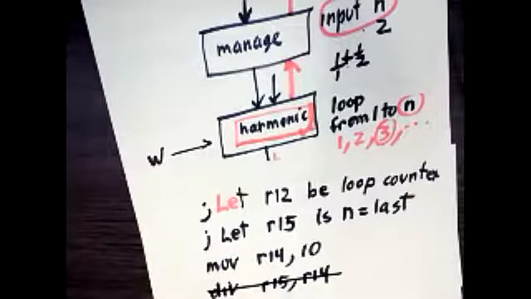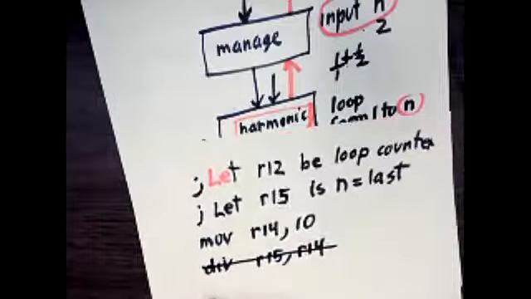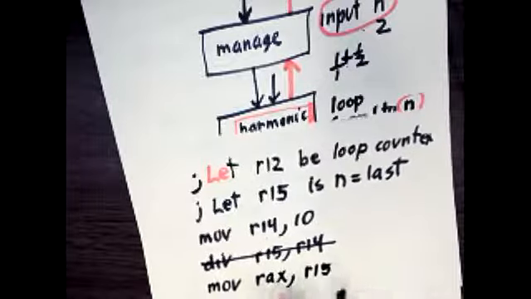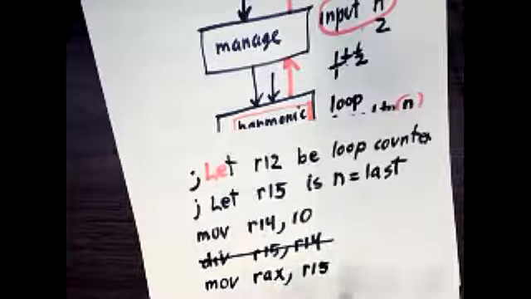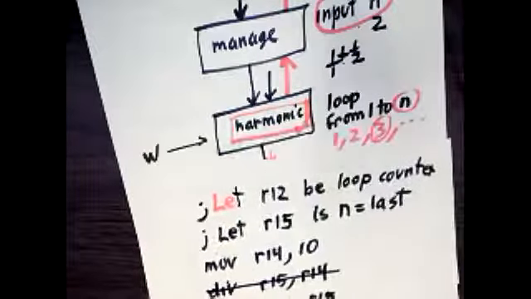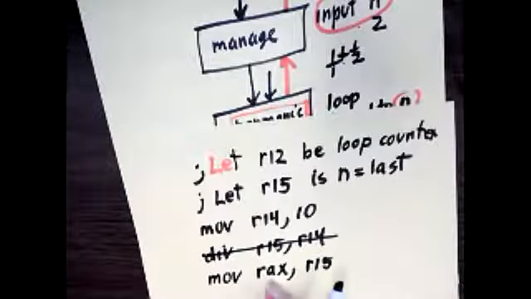Okay, I want to divide n by 10. Here's a more sophisticated way. Move a copy of n into RAX, the n number, like 850. Now CQO is going to extend that over a big range.